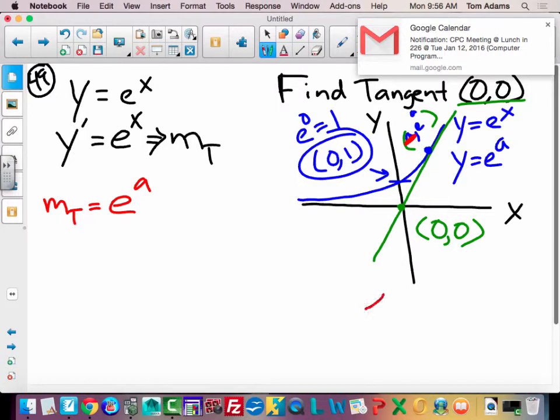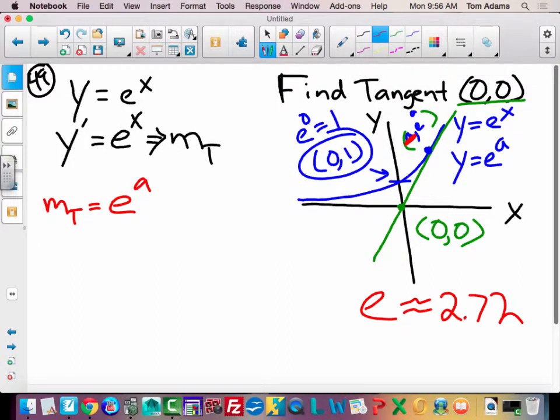I do know that e is Euler's number, which is approximately 2.72, like pi. It's an irrational number, but I've got to figure out what a is. So we're just going to plug this in, and maybe there'll be some clue that we can use to go back and find what's going on with regards to a.